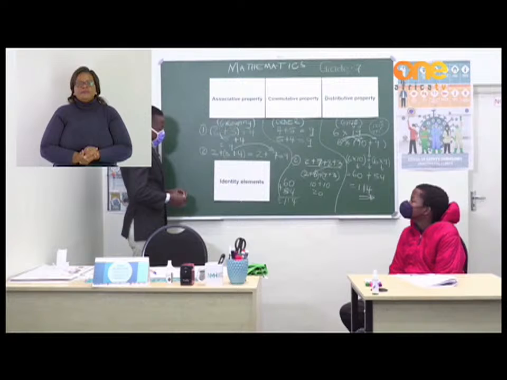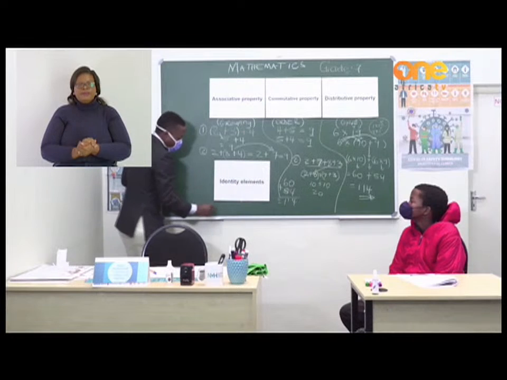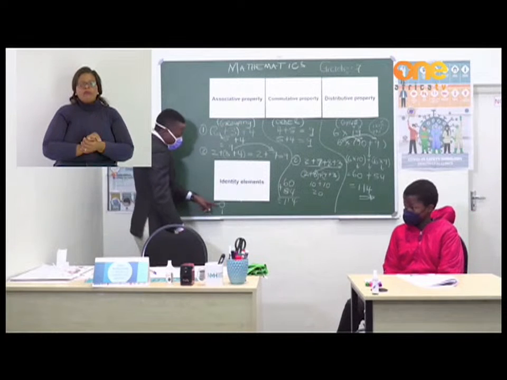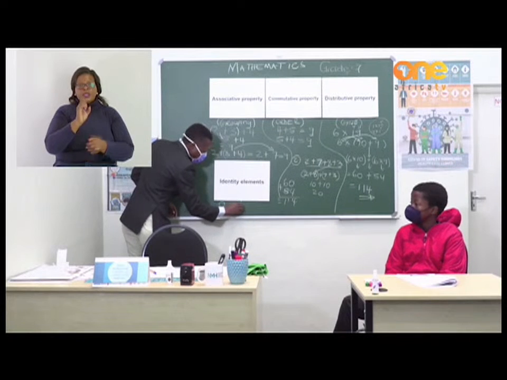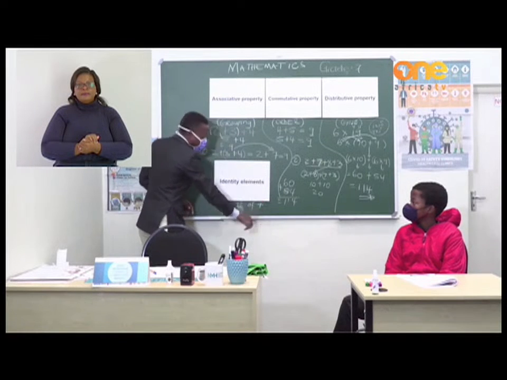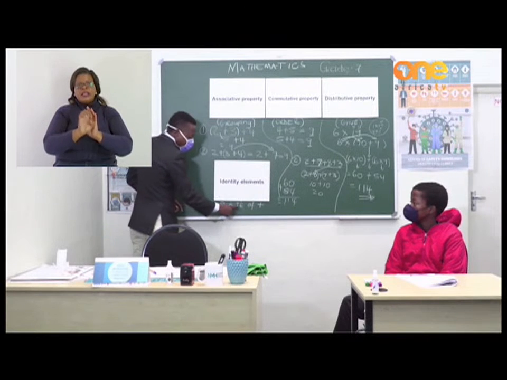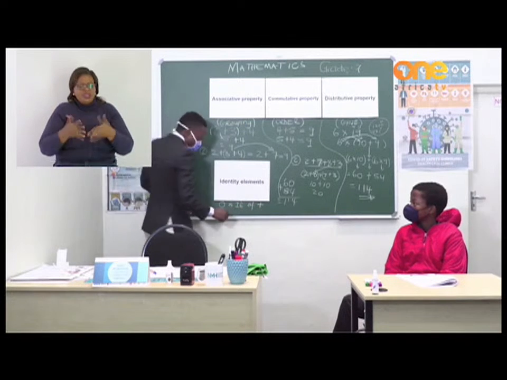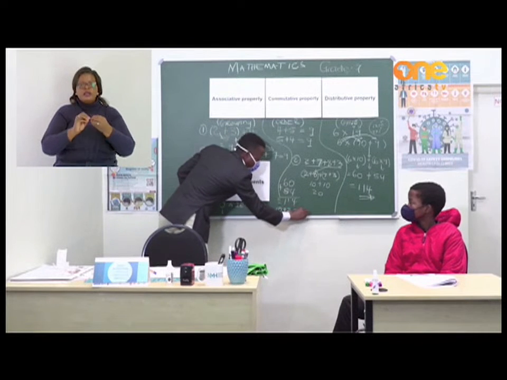The last part is identity elements, and this is very short. We have two numbers, we have 0 and we have 1. We say 0 is an identity element of addition. How? If you add 0 to a number, you will get that number.